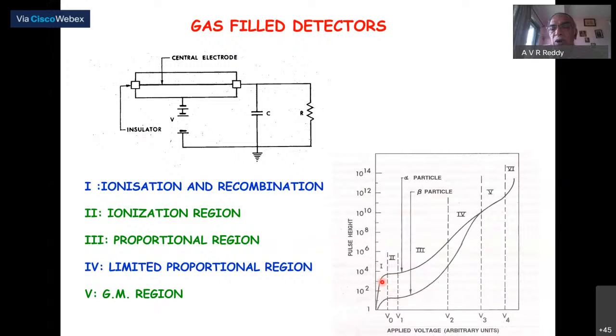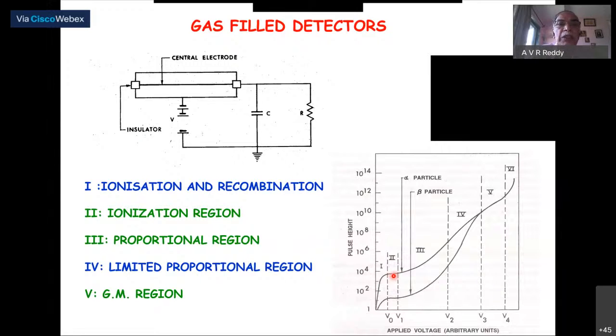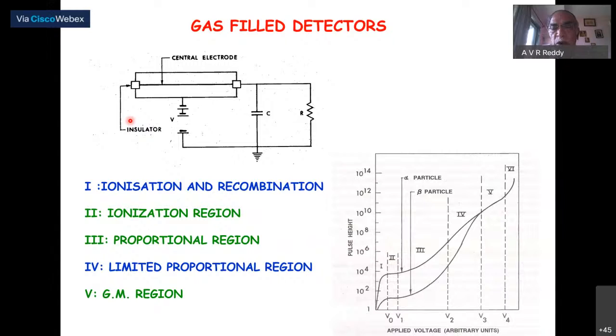So it will remain constant. This constancy is extremely useful for using that region, this detector with this voltage window, as a detector material, and this we call ionization chamber.